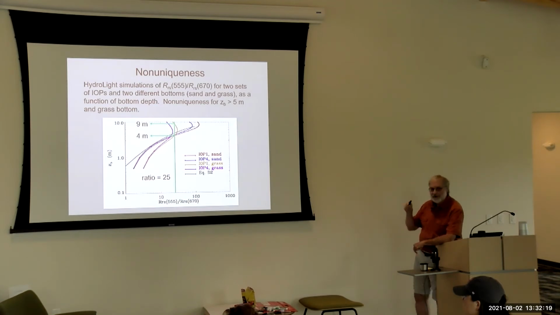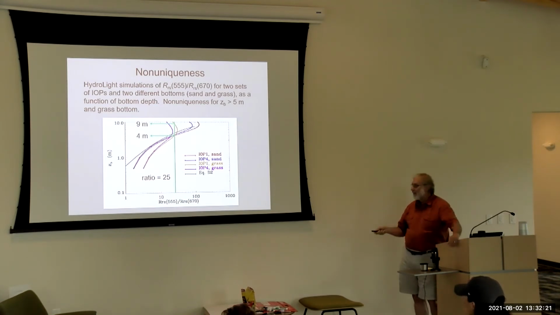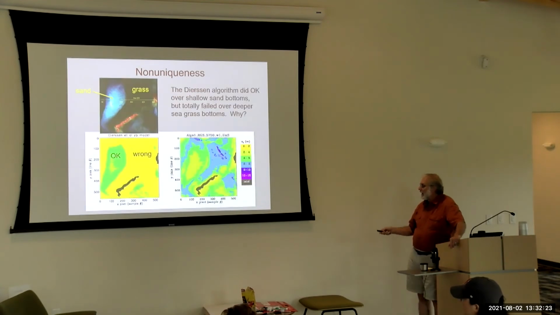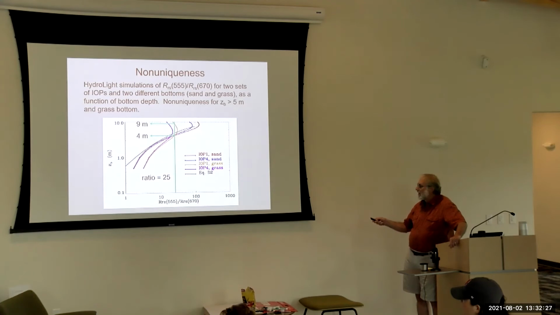So it's a non-unique retrieval. And the reason that I got these shallow waters here was that it's coming up and saying, okay, here's the value on my curve. Ratio is 25, gives me back 2 meters or whatever it happens to be. Whereas the real answer should have been 8 or 10 meters. So there's a nice example of a non-uniqueness problem with the band ratio.